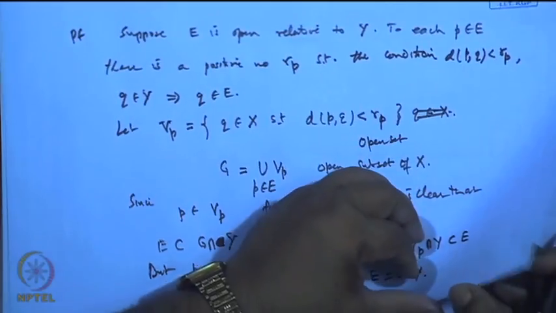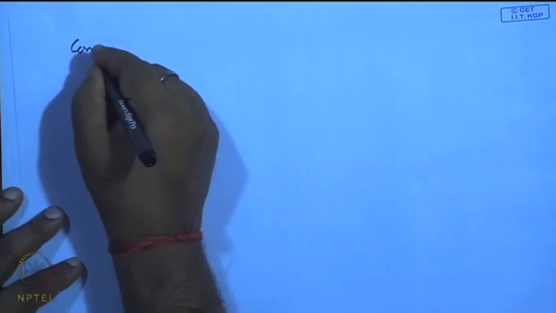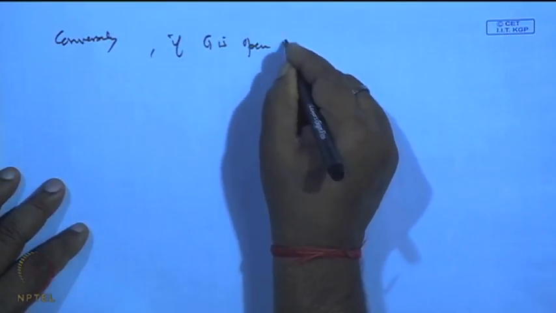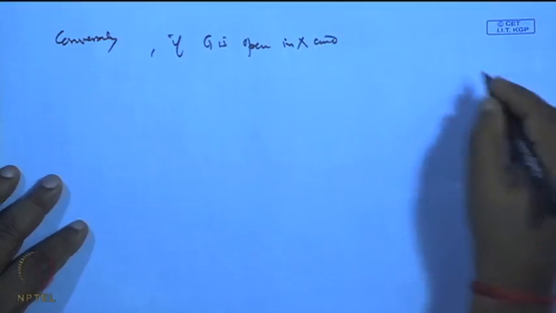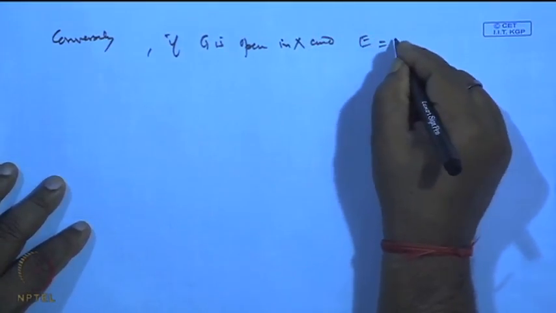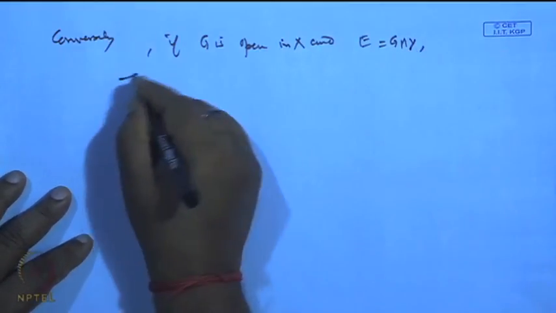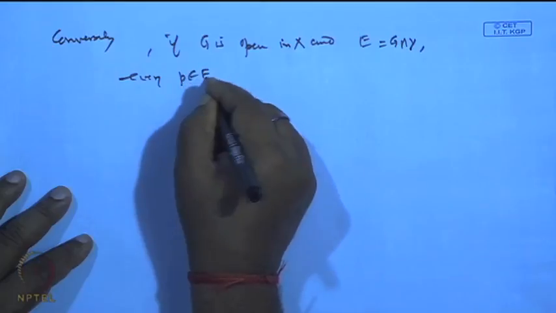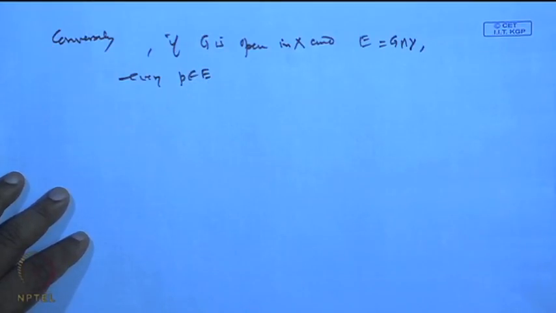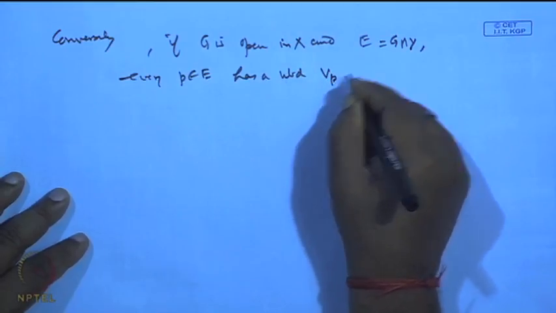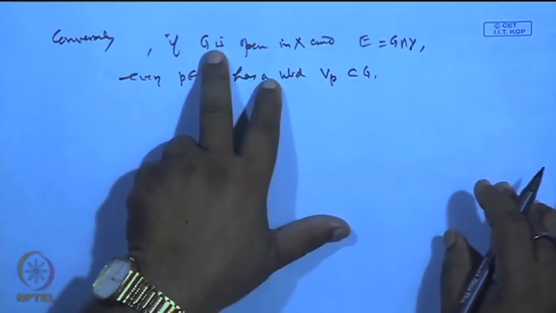Conversely, if G is open in X and E is of the form G intersection Y, then every p belonging to E has a neighborhood B_p which is totally contained in G, because p is in G and G is open.